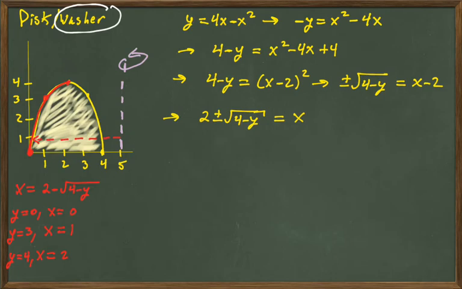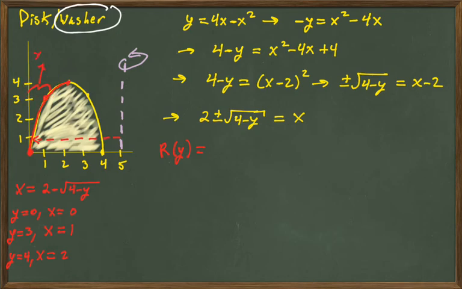Okay, all right, so the outer radius is going to be a little tricky. Okay, so you see this right here? That's what x equals 2 minus the square root of 4 minus y describes. It describes the distance from the y-axis to the sideways parabola here. So that's what makes this a little tricky.